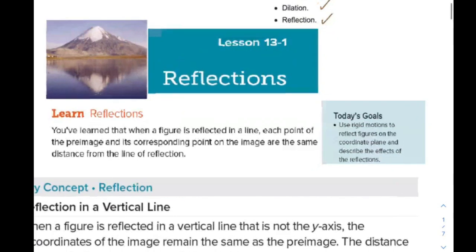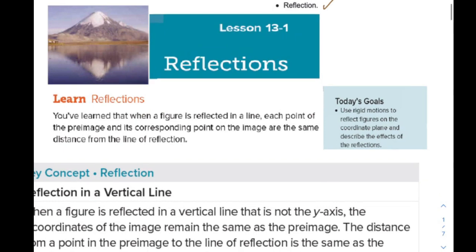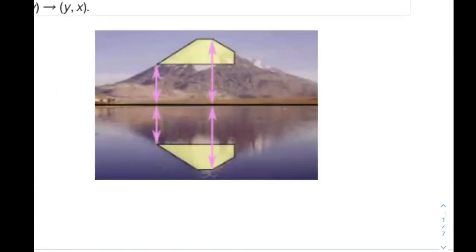And what is reflection? When a figure is reflected in a line, each point of the pre-image and its corresponding point on the image are the same distance from the line of reflection. Let's stop at this point. Let's take this shape and see, assuming that this is the top that we are going to reflect.